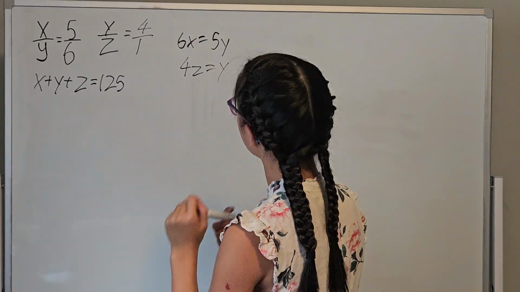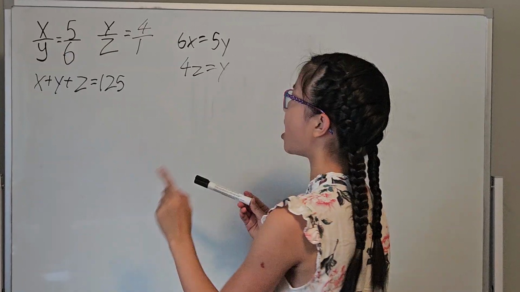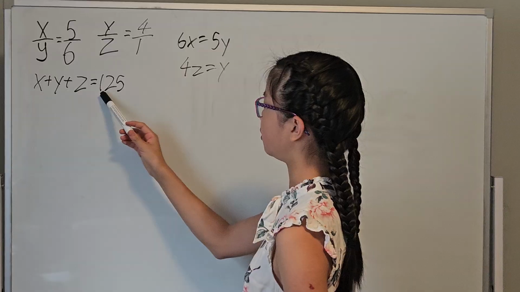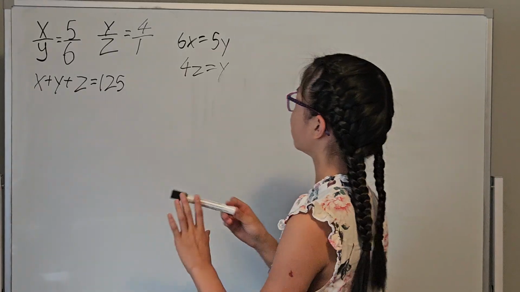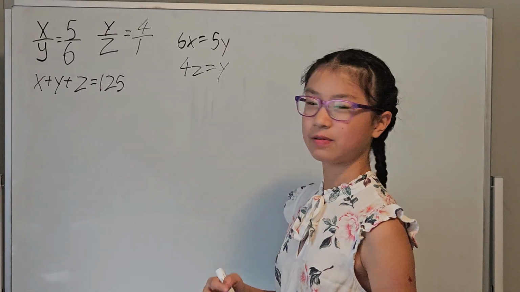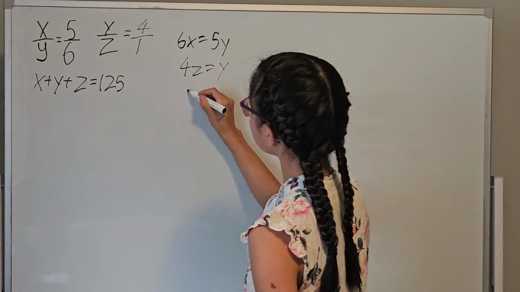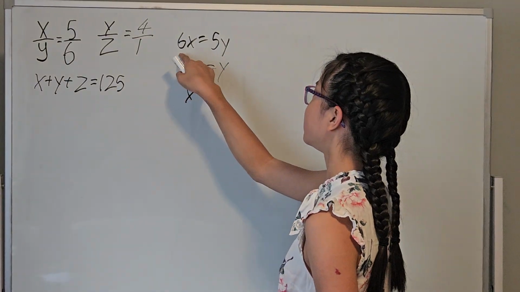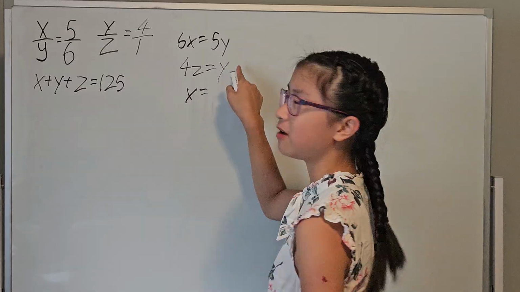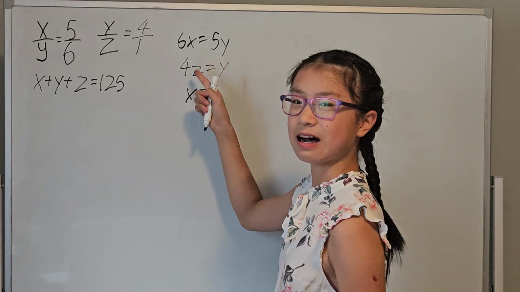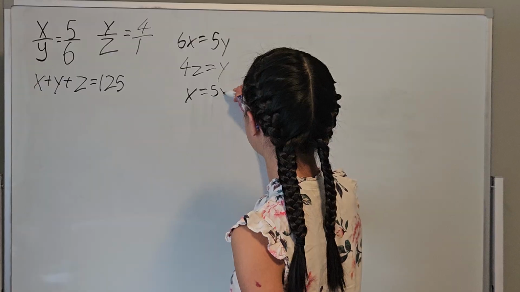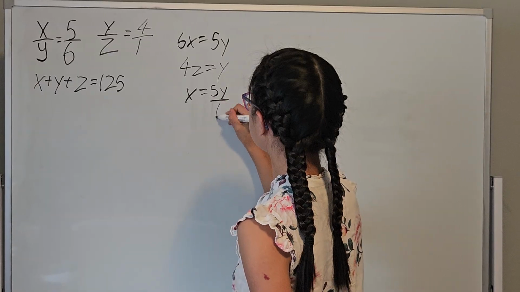And now we know what y equals, we need to know what the other ones equal in order to put it together to find what each one equals. So let's say we need to find what x equals. Over here we can see that 6x equals 5y. To get x by itself, we need to divide both sides by 6, which means x equals 5y over 6.